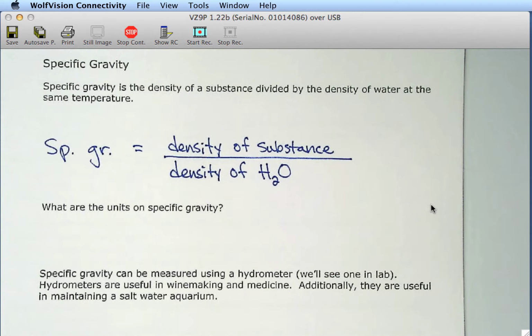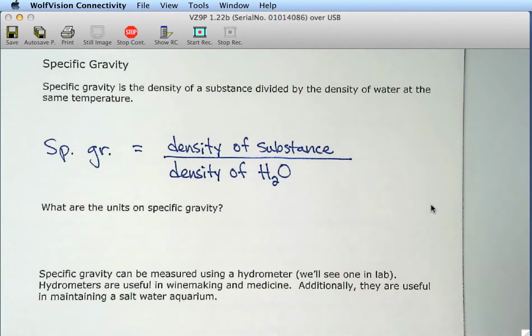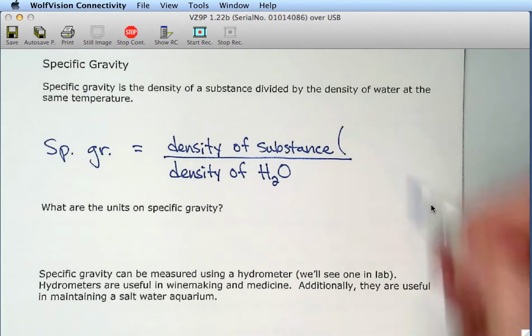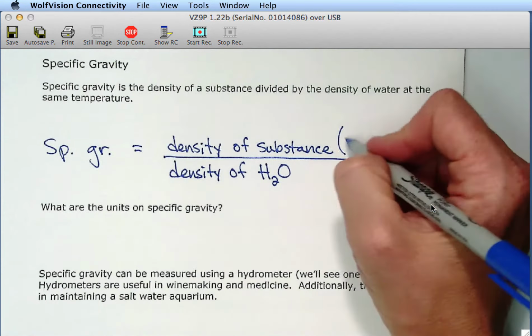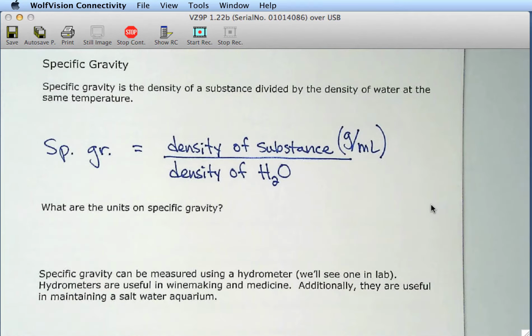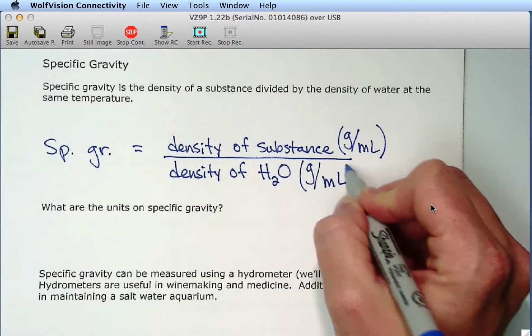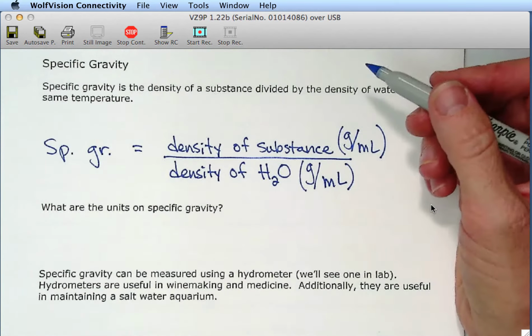Now both these densities are at the same temperature, but like I said, we're pretty much always doing things at room temperature. So specific gravity ends up coming out, if you have units of density, let's say your substance is alcohol, we'll have units of grams per milliliter, and then the units of the density of water would be grams per milliliter. My units will cancel.